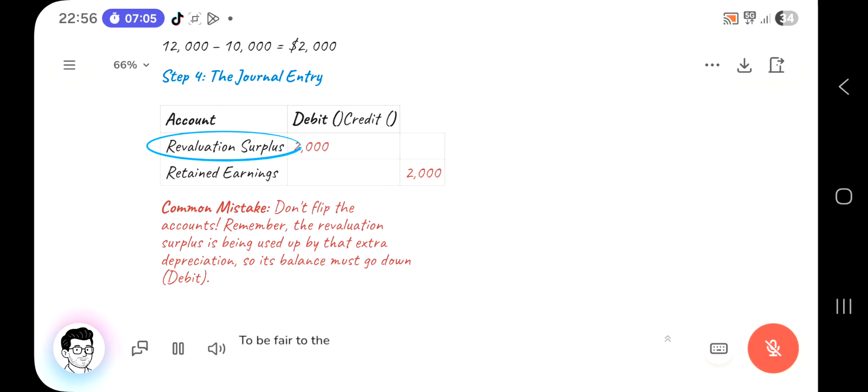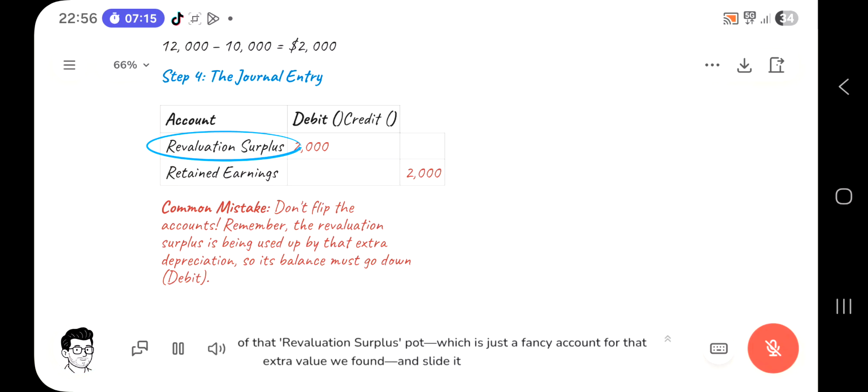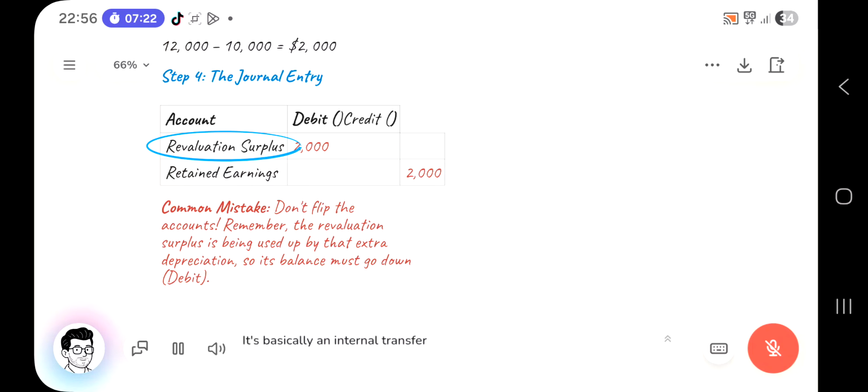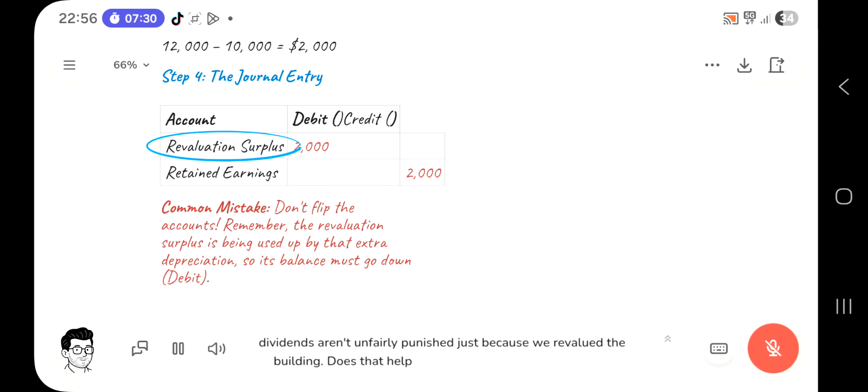To be fair to the company, we take that extra $2,000 out of that revaluation surplus pot, which is just a fancy account for that extra value we found, and slide it over to retained earnings. It's basically an internal transfer to make sure the profits available for dividends aren't unfairly punished just because we revalued the building. Does that help clear up why it's not a cash thing?